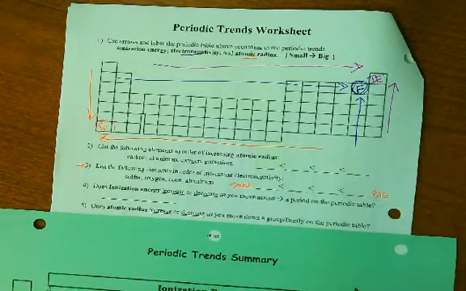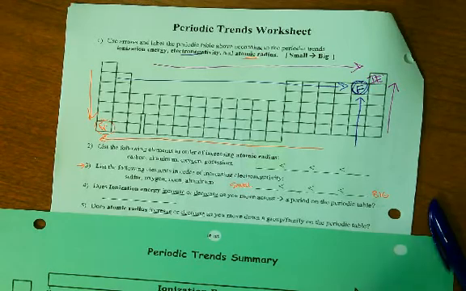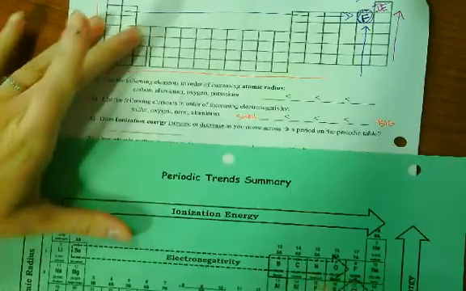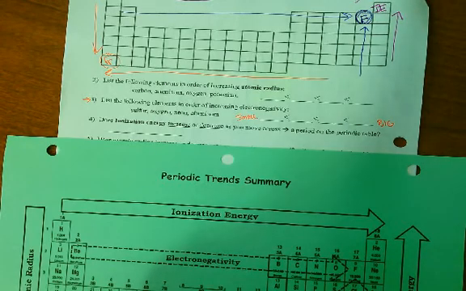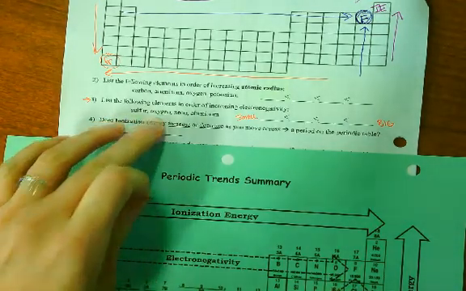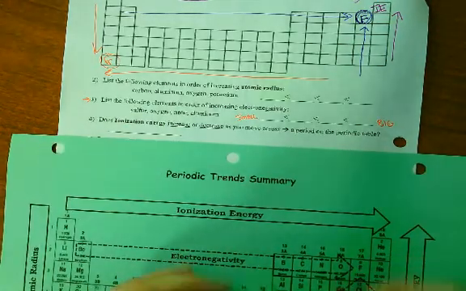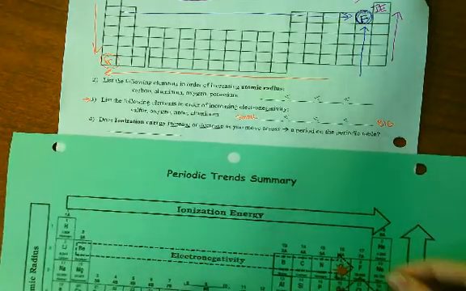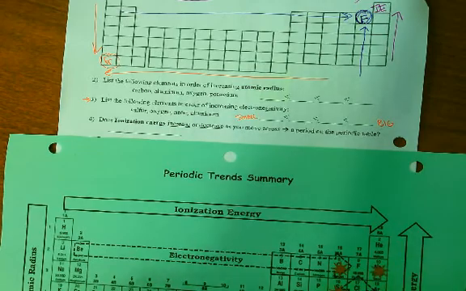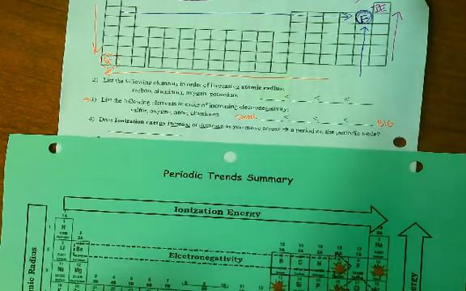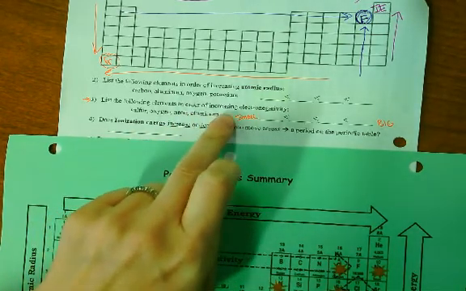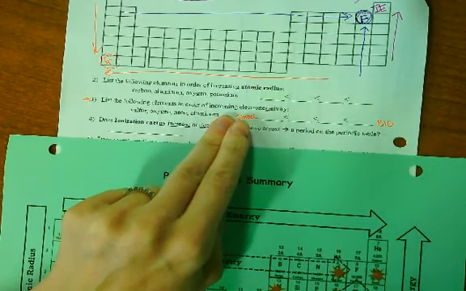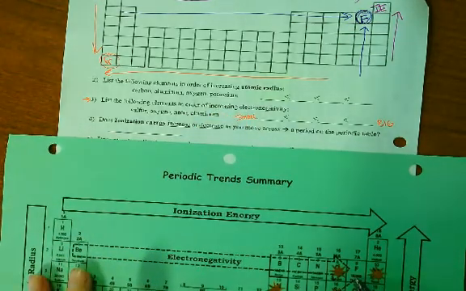And again, I strongly recommend that you rip up 4 little pieces of paper, or in my case I've got 4 little stars, so that you can keep track of what's what. I've got sulfur right here. I've got oxygen, so I'm going to put that on top of oxygen. I've got neon, and I've got aluminum. Okay? And it says to put it in order of increasing electronegativity, and that would be this one right here.